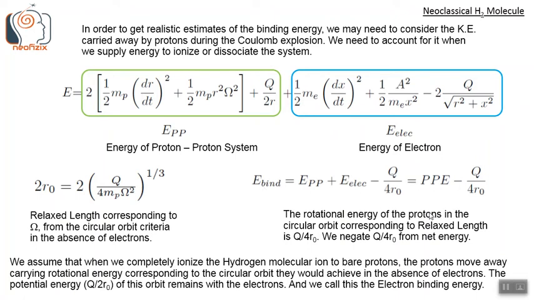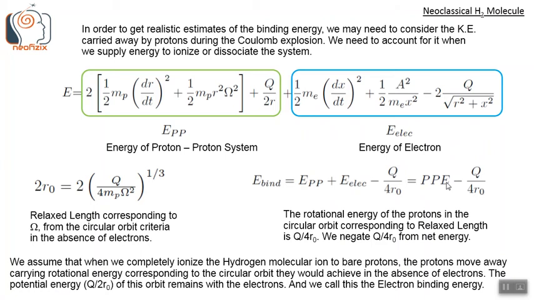The rotational energy of the protons in the circular orbit corresponding to this relaxed length R0 is Q by 4 R0, shown here. This is the kinetic energy of the protons corresponding to the relaxed length. And we negate this Q by 4 R0, that is the kinetic energy, from the net energy term. So this PPE is nothing but EPP, the energy of the proton-proton system, plus the energy of the electron.